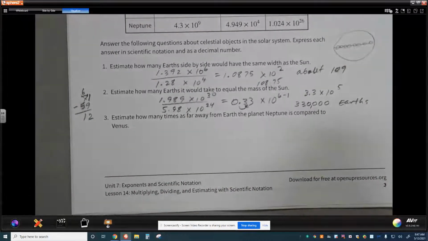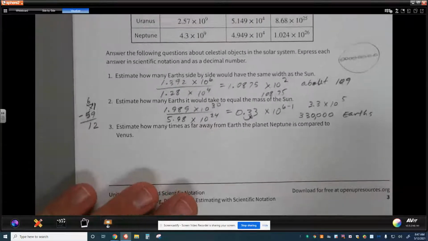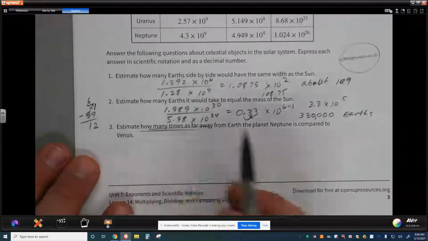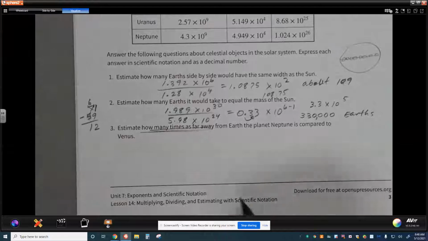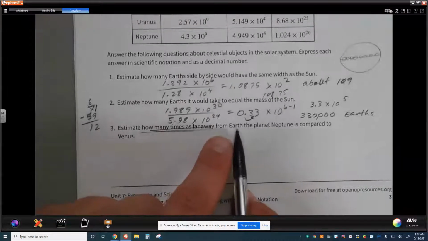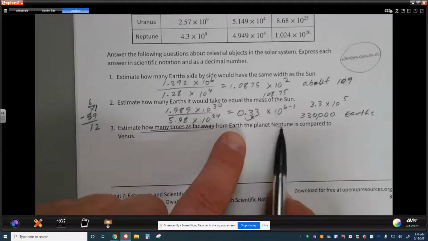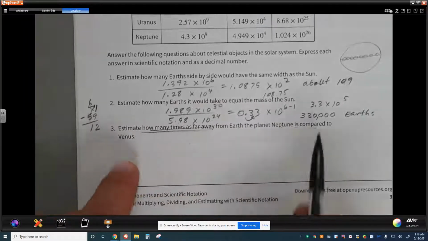Estimate how many times farther away from Earth the planet Neptune is compared to Venus. If we're talking about the difference is how many times as far away, this is another one that's a division piece. How many times far away from Earth the planet Neptune is compared to Venus.